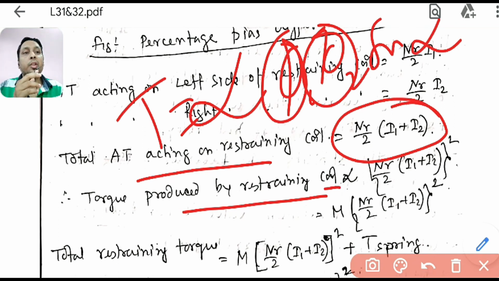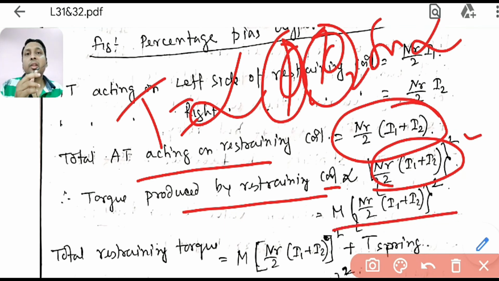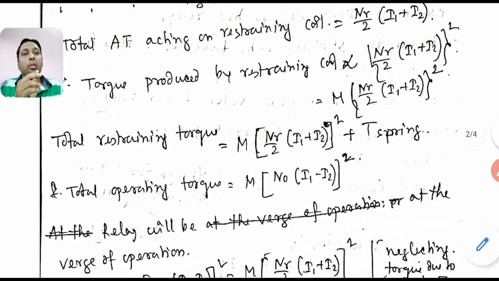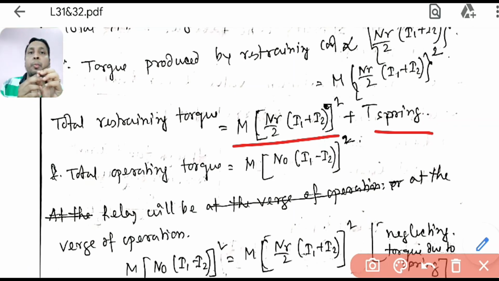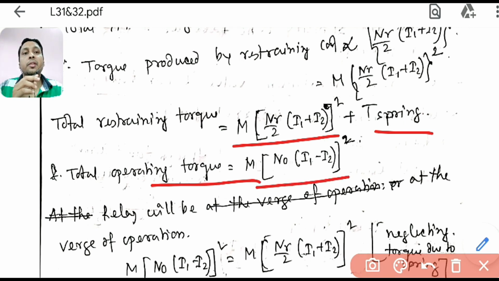This is written as K into something, that is the proportionality constant we have used. So the total restraining torque will be this plus the spring torque. The spring torque will work once it starts working, to bring it back to the original position. That's it. So this is the restraining torque.